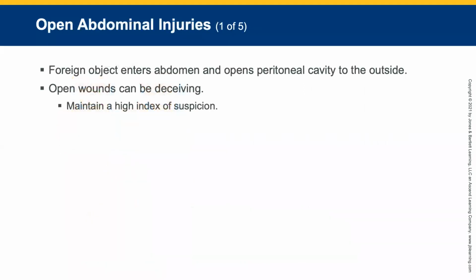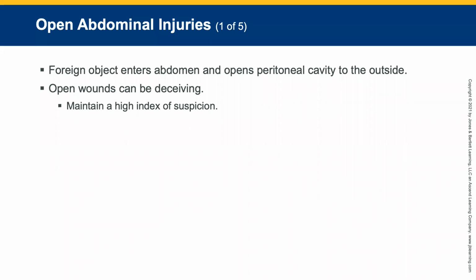Some abdominal injuries are injuries in which a foreign object enters the abdomen and opens the peritoneal cavity to the outside. That's not normal. We're supposed to keep our guts inside our body. We don't want to make that an open injury. Open wounds can be very deceiving because they make us think that it is a life-threatening issue. It's very shocking to see, but at the same time, it is not necessarily a life threat.